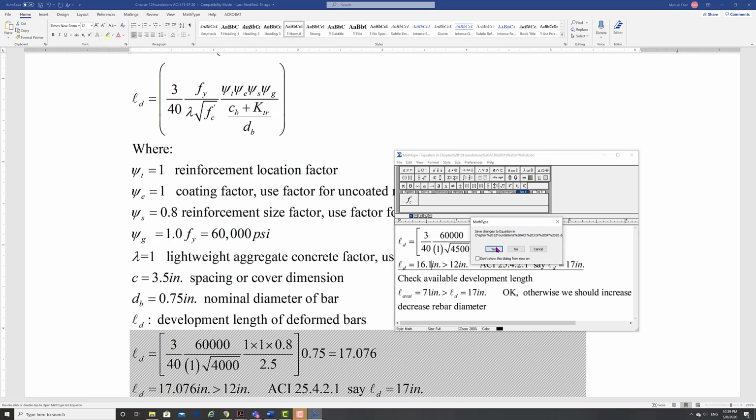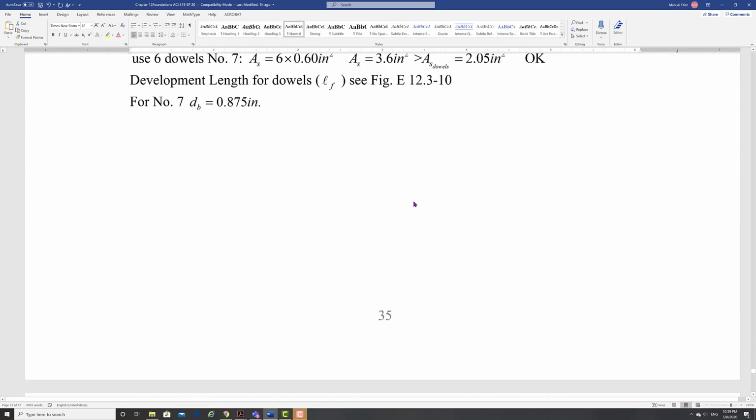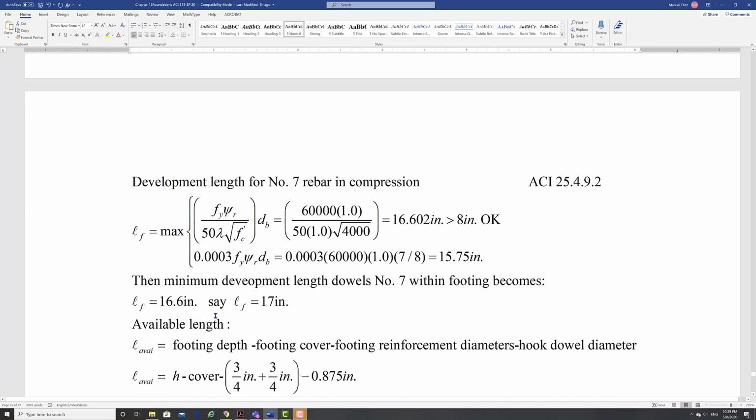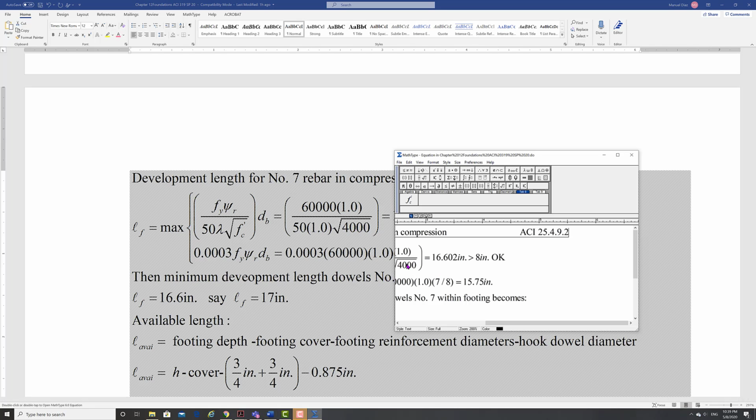All right, so now I need to watch for that f'c. Looking for this f'c, we have this development length in compression formula. That's what we used, so this value will change again. That will be now 4,500. And so we get 60,000 divided by 50 divided by the square root of 4,500, and that number is 17.9.